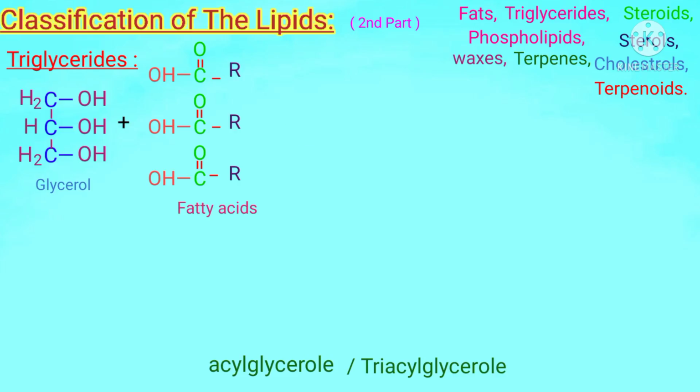But students, if you want to write the hydrocarbon chain only, then you can write it. If you want to simplify the hydrocarbon chain, then you may write CH3, bracket open, CH2, bracket close.